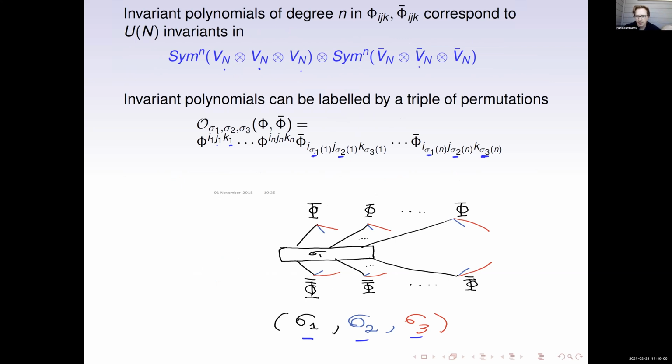And you're saying that if I hand you 3 permutations, sigma 1, sigma 2, sigma 3, then you can hand me back a vector in that invariant subspace. Exactly. And have you told me anything about the vectors associated to different triples of permutations, if they span, if they're linearly independent? Okay, good. So that's exactly the next transparency.